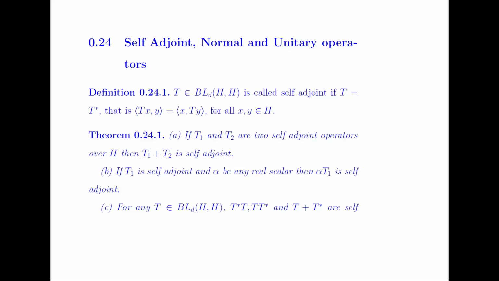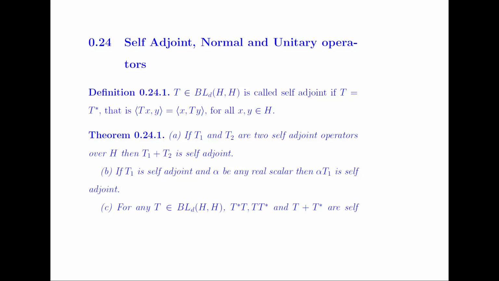So we have already discussed the adjoint operator, and now we extend that definition to a self-adjoint operator. Now the first theorem: if T1 and T2 are two self-adjoint operators over the Hilbert space H, then T1 plus T2 is a self-adjoint operator.